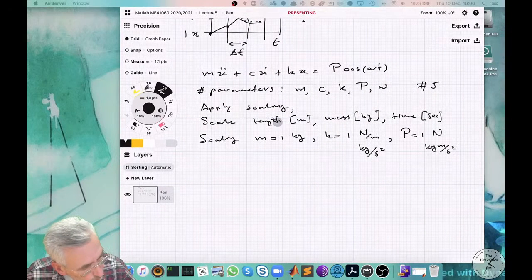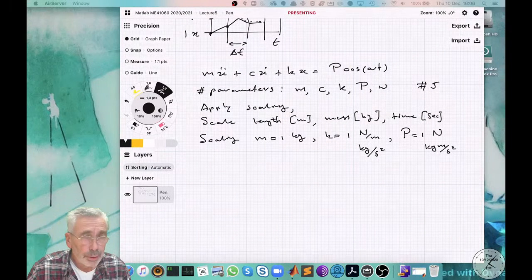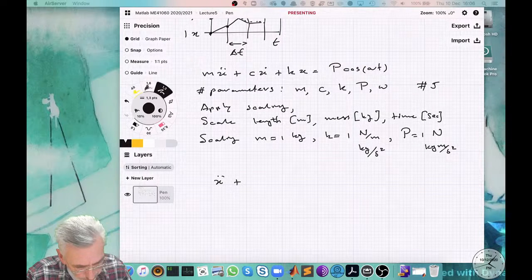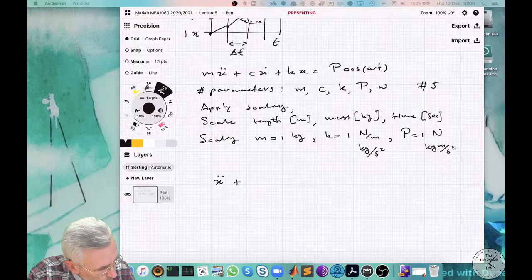And then with this scaling, I can rewrite the equation, and then I write x double dot plus, I still have this c variable, but it's now in a scaled version, c times x dot plus x equals cosine omega t.